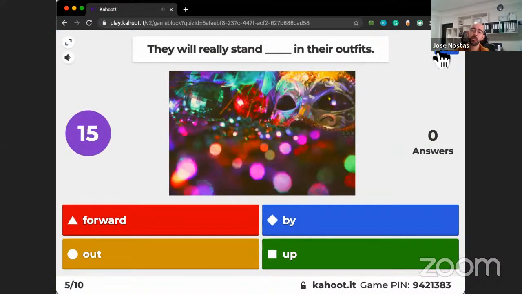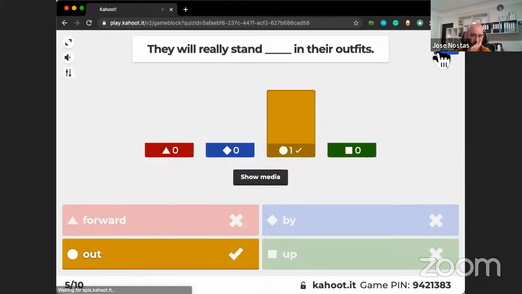They will really stand out in their outfits.